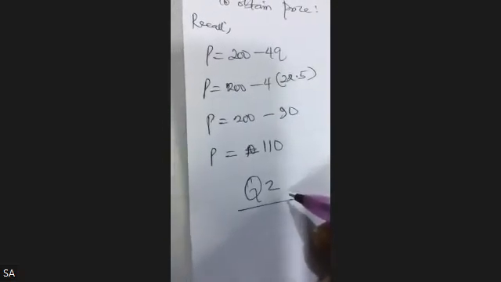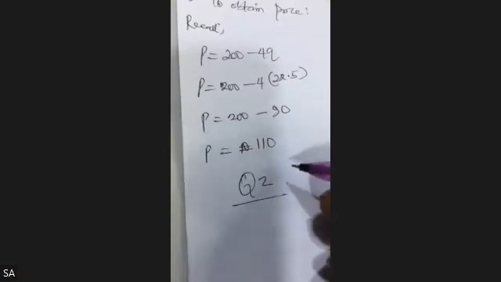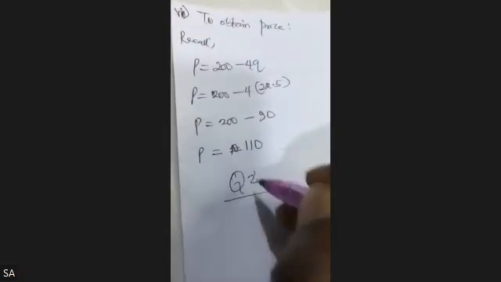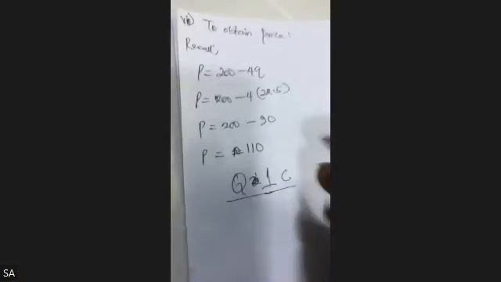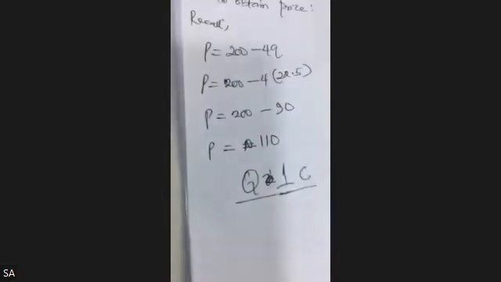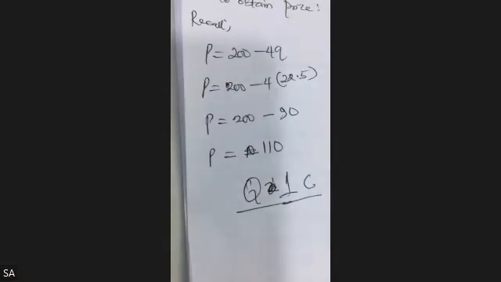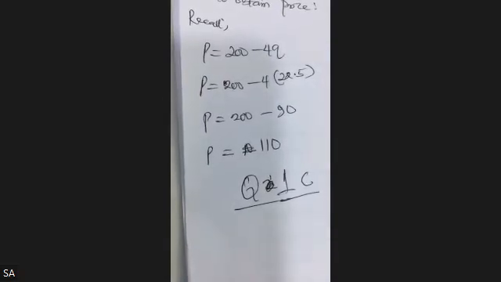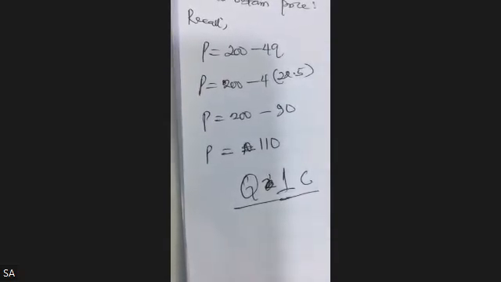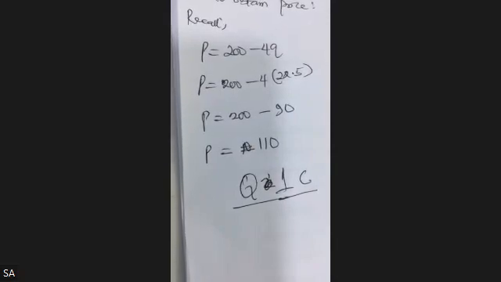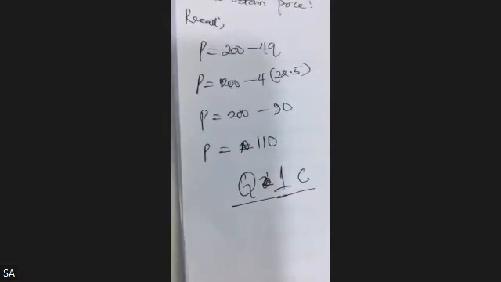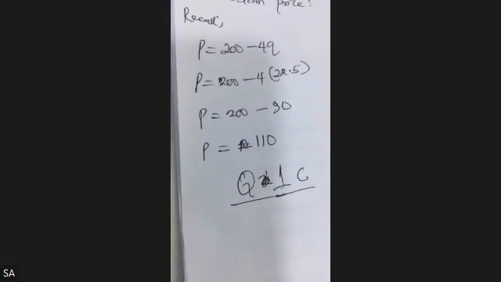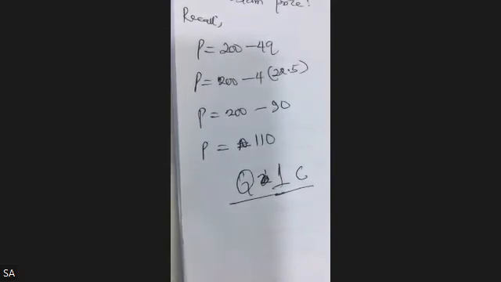We just did question 1B. This is question 1C. Question 1C says: show the implication of an imposition of sales tax on the relevant variable indicated in A above, if the burden of tax is shared equally between the buyers and the sellers.